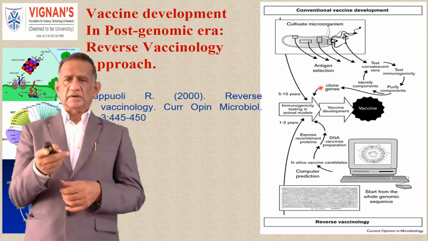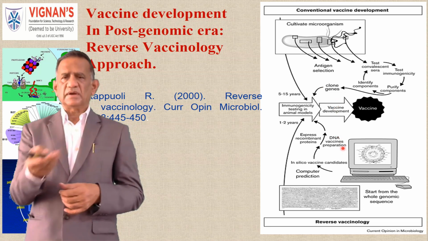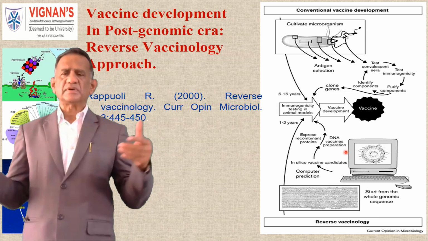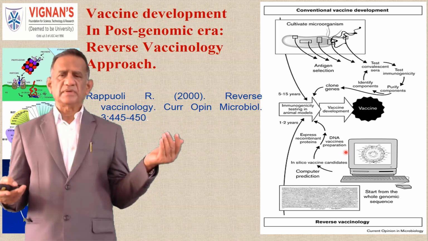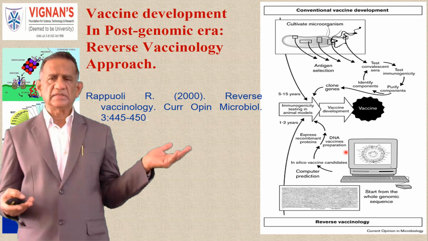Instead, through the computer, through the desktop screen, we can browse the protein sequences, and from the protein sequences, as we have seen in the previous case also, predict the epitopes, as shown in the video.